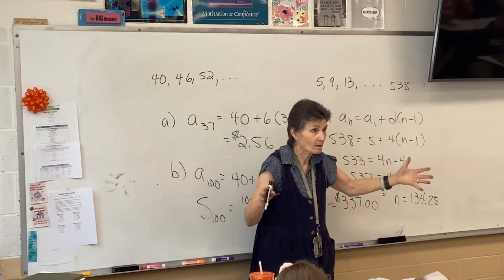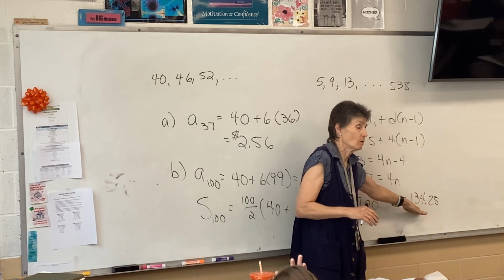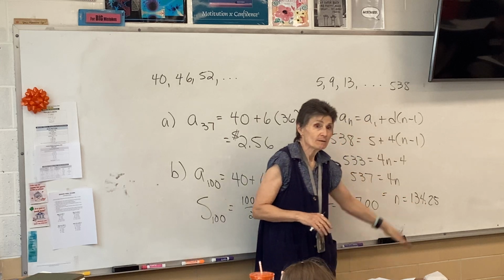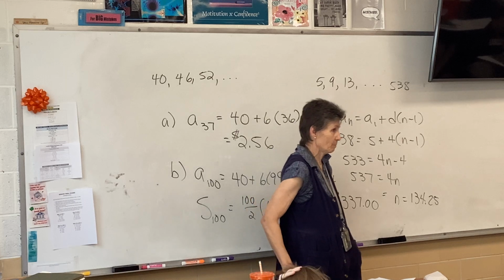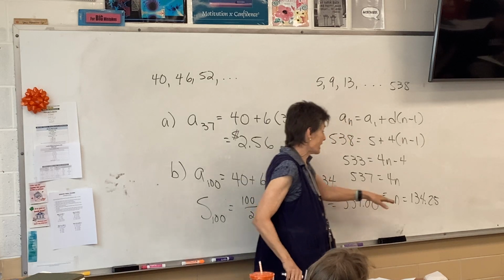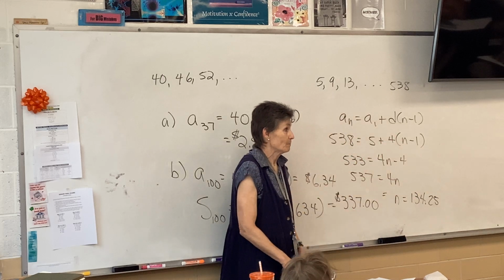N is a whole number. When I worked it out, I got a fraction, a decimal. Right? Which means 538 is not a term. So he did not follow the plan because n didn't turn out to be 134 or something like that.